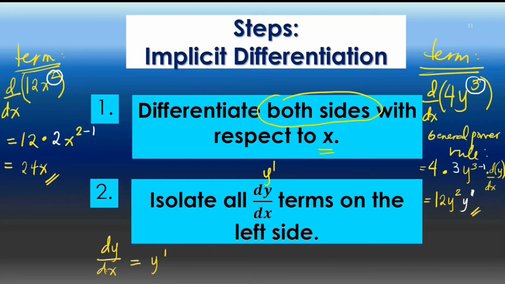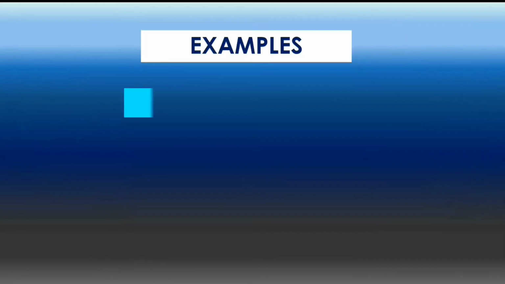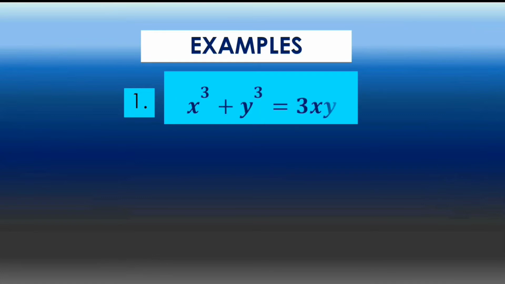So let us have examples. For example, we have x cubed plus y cubed equals 3xy. So how are we going to solve this, or how are we going to differentiate, or get the derivative?